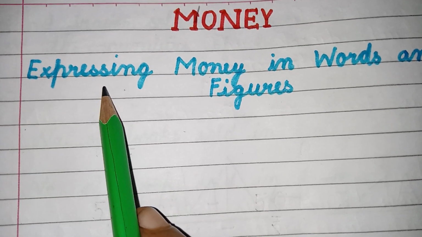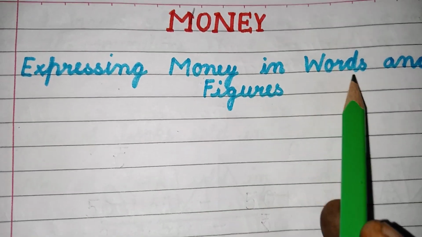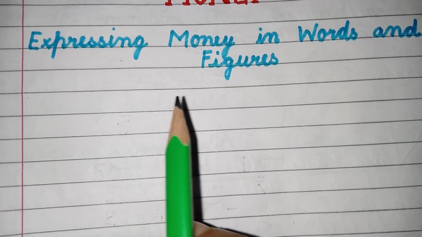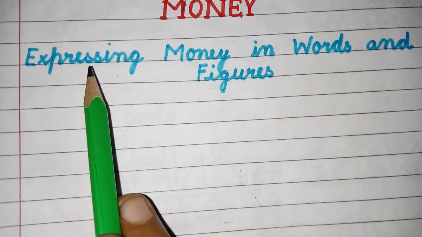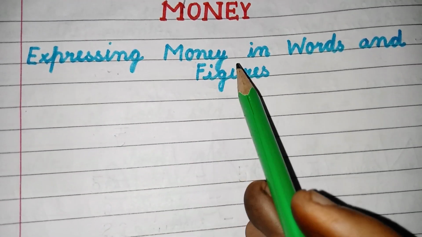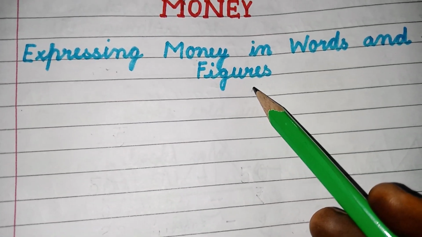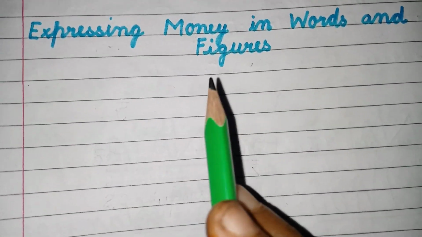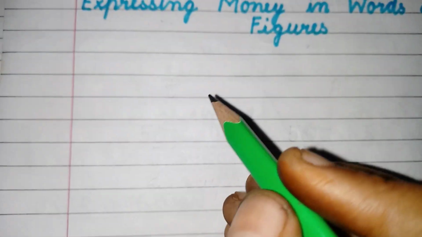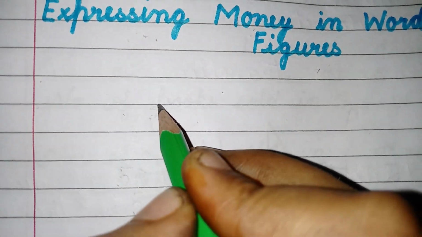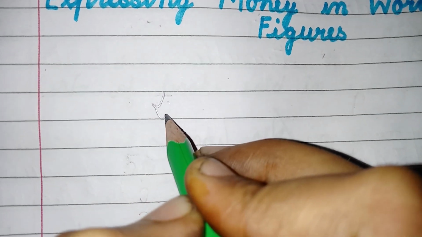Now next topic, expressing money in words and figure. In this topic, I will tell you how to write money in word and figure. You look carefully. We use the symbol for rupees like this.